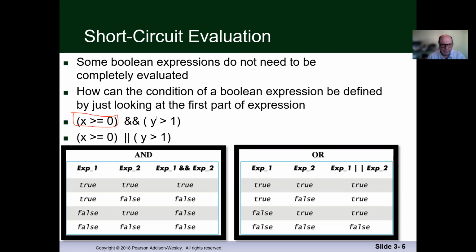We're looking at the AND, this is expression 1. How can I look at the first one without looking at the second one and figure out what the end result is going to be?